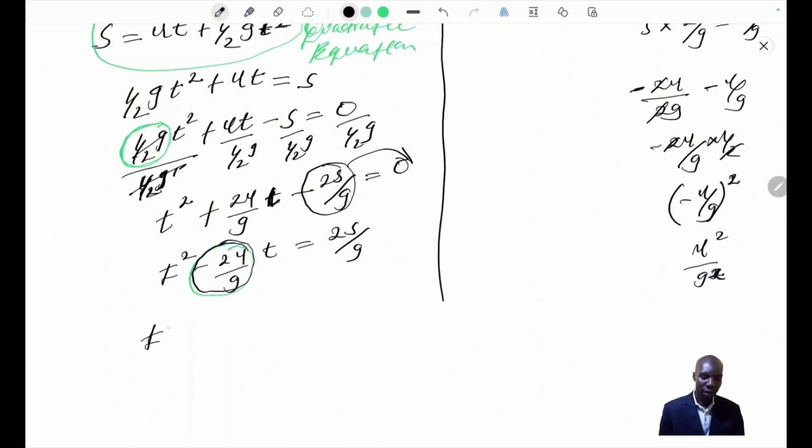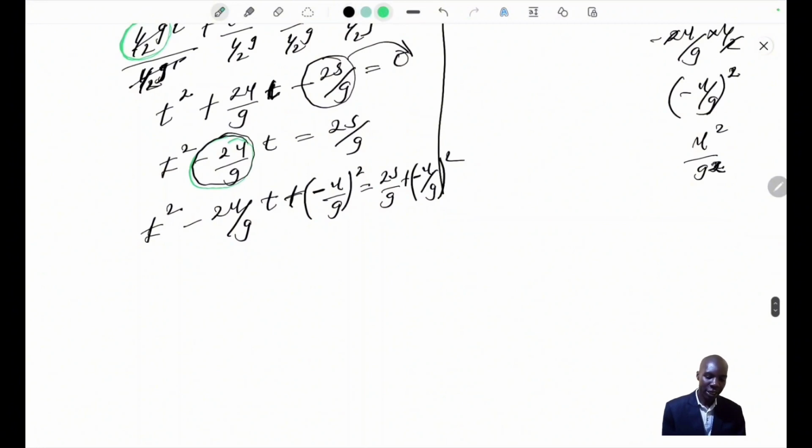So this side will have t squared minus 2u over g t plus half, which is minus u over g, squared, equals 2s over g plus u over g, squared.